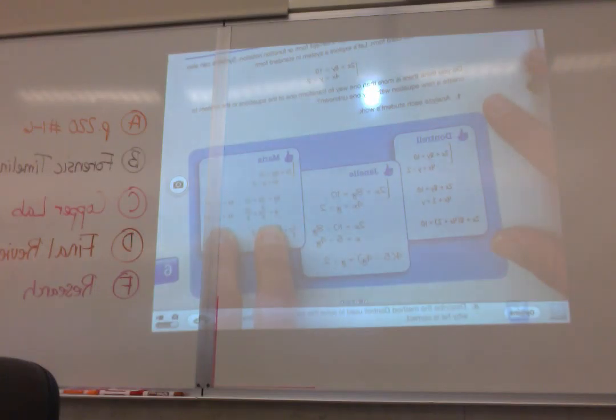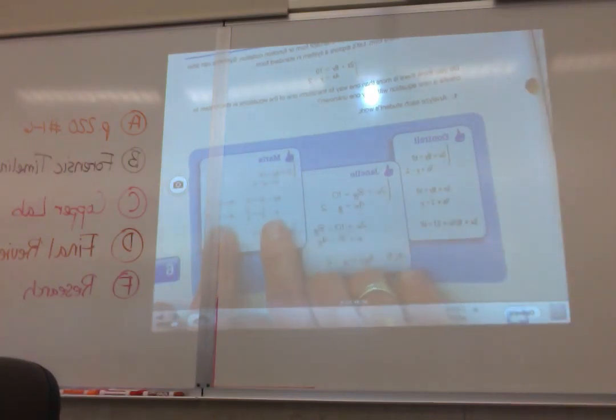Look at the little blue box that says Maria. What do you notice about how the equations have been rearranged? She took one equation, put it on the left, one equation, put it on the right. Y equals on this side here, and y equals on that side there.